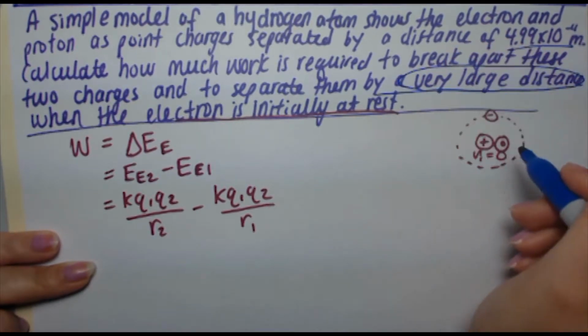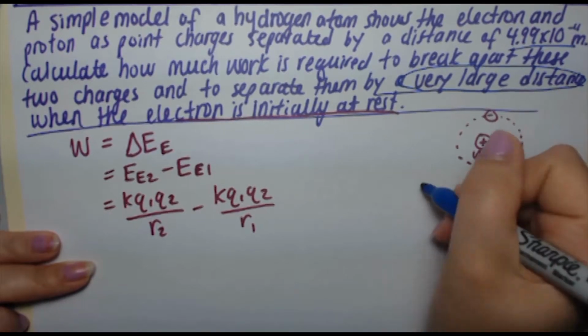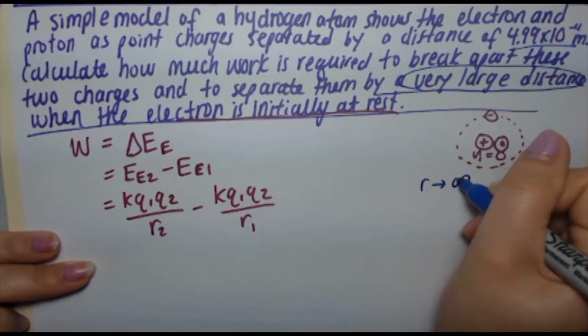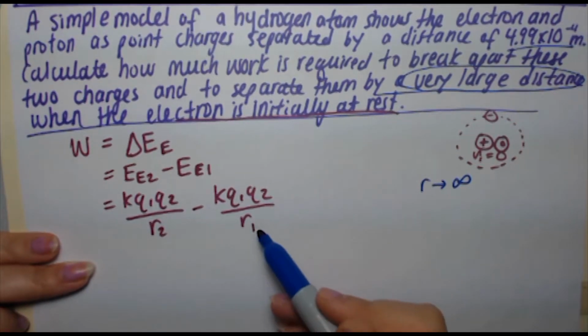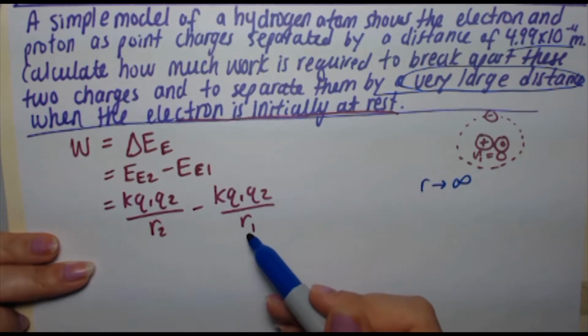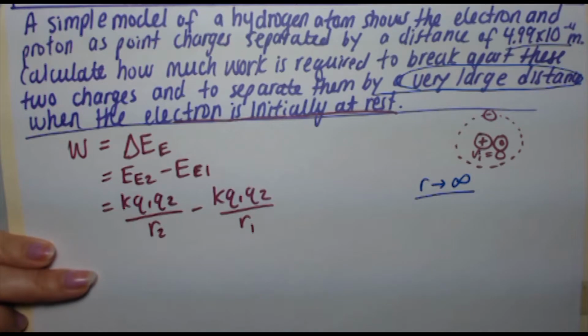Whenever you hear something like that, a very large distance in these electric problems, you have to assume that R is becoming really big, it's becoming infinitely large. Even though the electric force doesn't necessarily go to zero if R gets very big, it gets close to zero, it doesn't actually hit zero. But in the scenario where we consider R approaching infinity, this is like a limit, the limits we encounter in calculus.